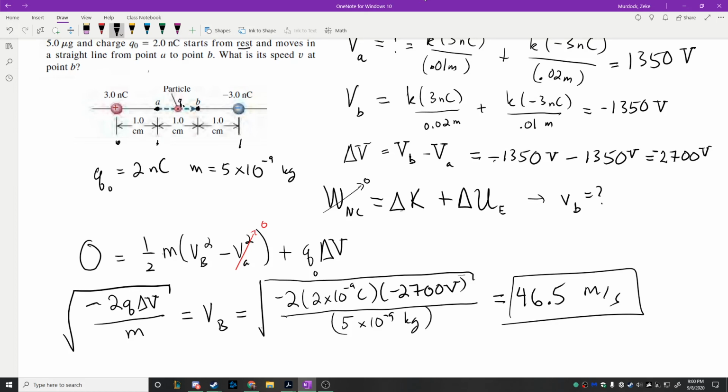This is actually how we accelerate tiny particles, is by subjecting them to a potential difference, like a gap, and using that to give them kicks of energy.